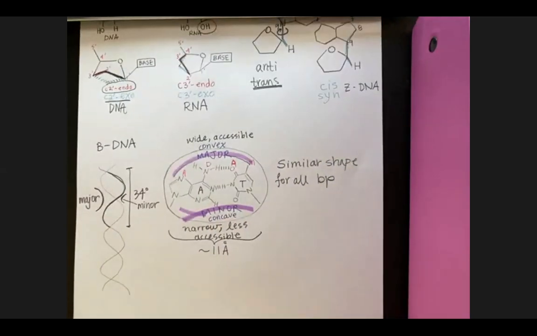This is important for things like DNA replication, so that, for example, the DNA polymerase knows the base pairs are correct because all the base pairs fit the same shape in the active site.